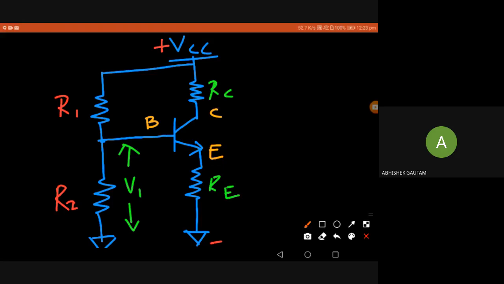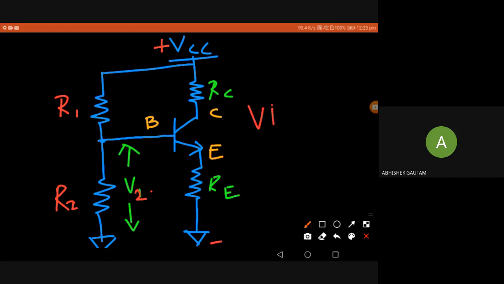Because we have two resistors R1, R2 creating a voltage divider. That voltage divider creates a voltage V2, or V1, sorry, here I called it V1, so leave it. It doesn't matter, but whatever voltage is across R2 is given to the base of the transistor. So this is called voltage divider bias.